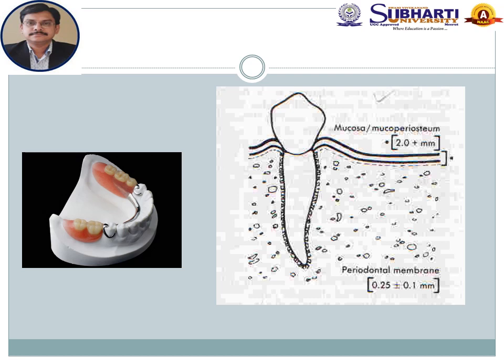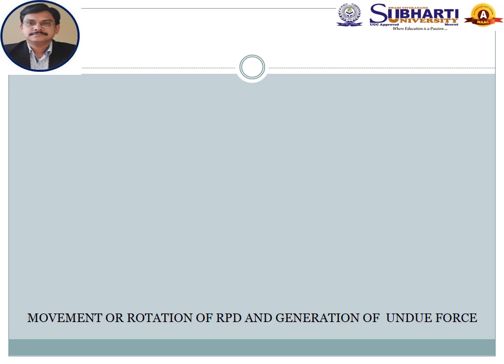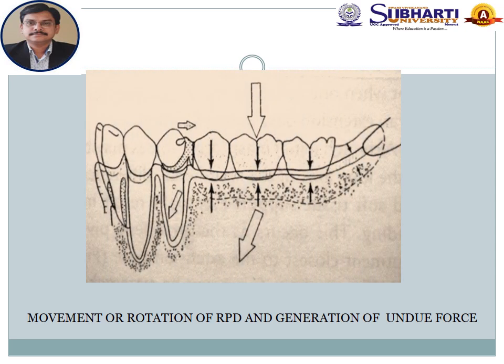So if any hard structure lies both on the tooth as well as on the mucosa, what will happen to it? That hard structure will start rocking. Why? Because the mucosa will get compressed 2 millimeter vertically down, whereas the periodontal ligament will get only 0.25 mm vertically compressed. So this will create a lever by which rotation will start in the RPD.